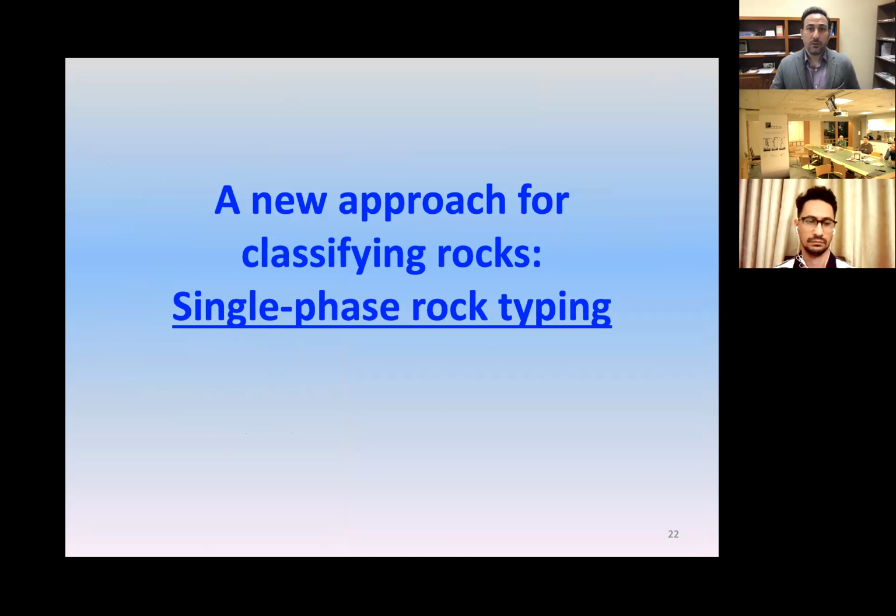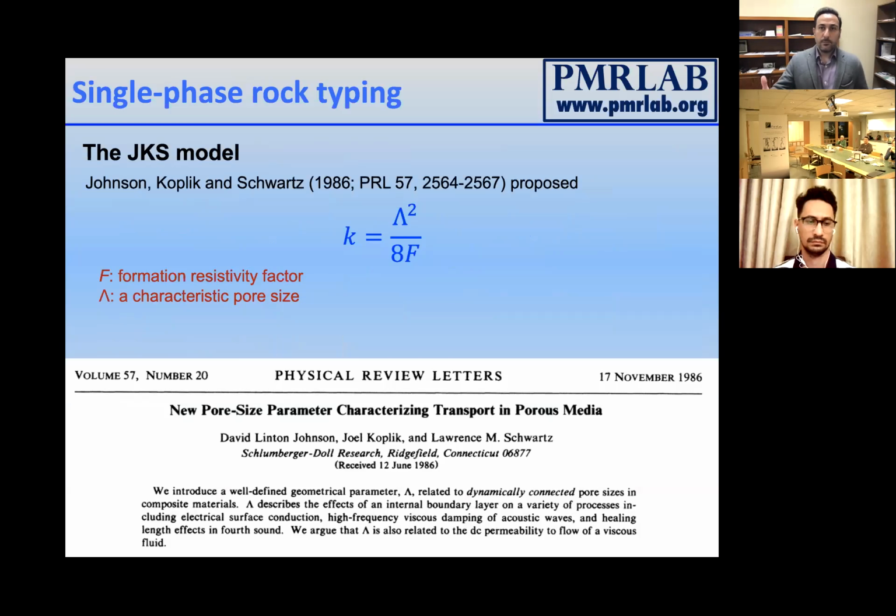And now I'm going to walk you through single phase rock typing based on a new approach that we developed back in 2019. One of the models based on theory was proposed back in 1986 by Johnson and his co-workers, and I'm going to use JKS as an abbreviation.